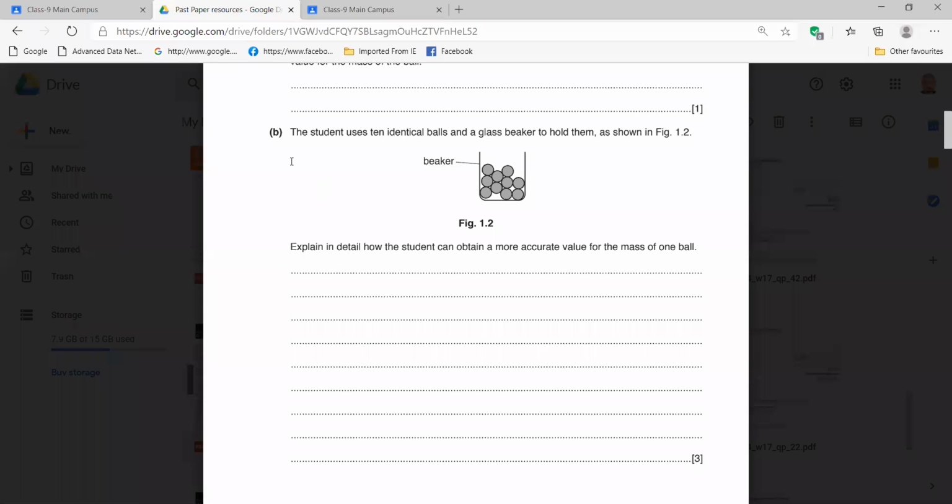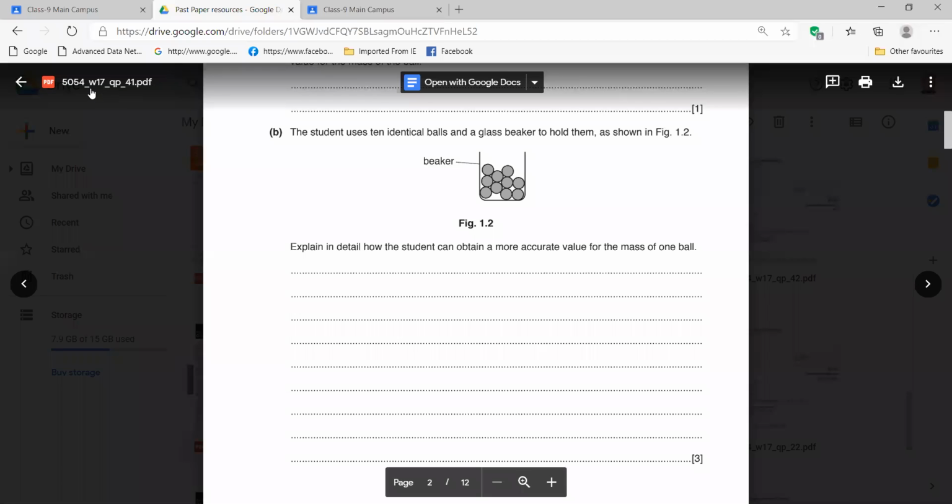It is the paper from 2017, paper 1 variant 1, question 1. You finish writing, then you send after scanning, the way Saad is sending every night. When there is a practical, that day only Saad is sending, right?